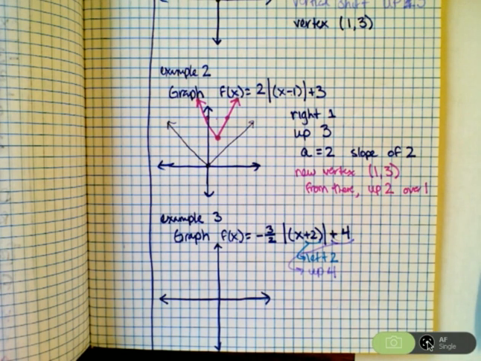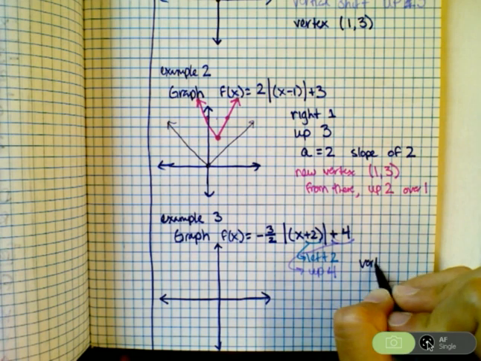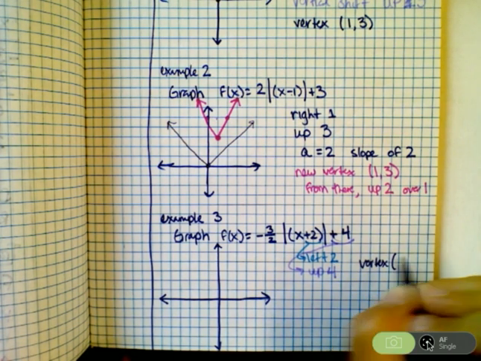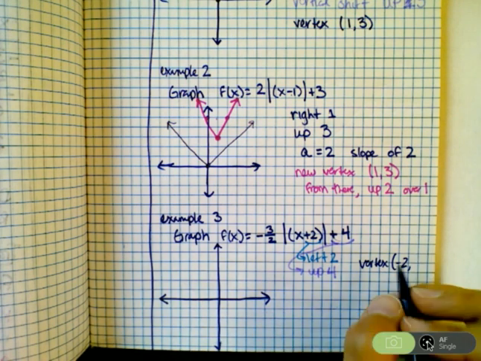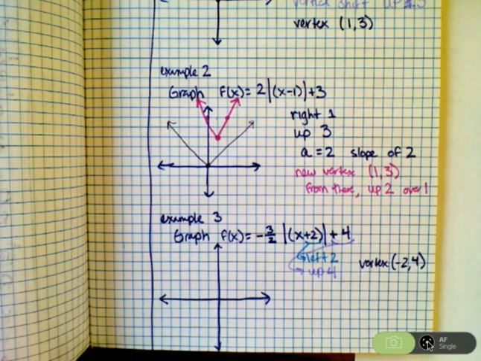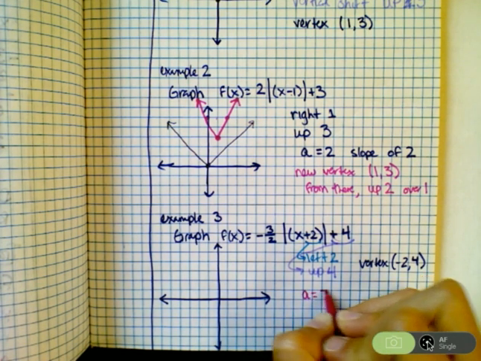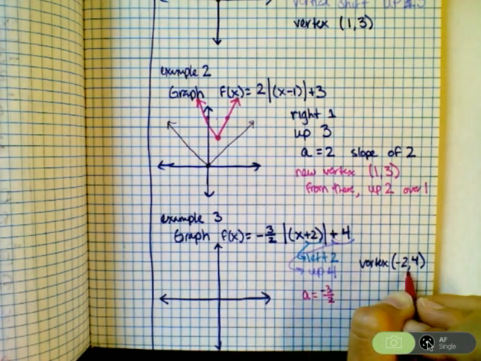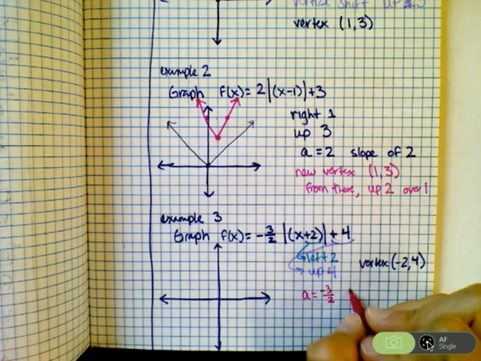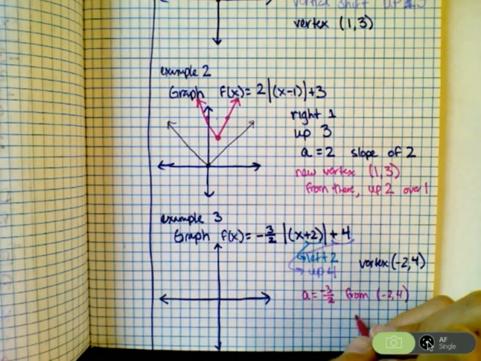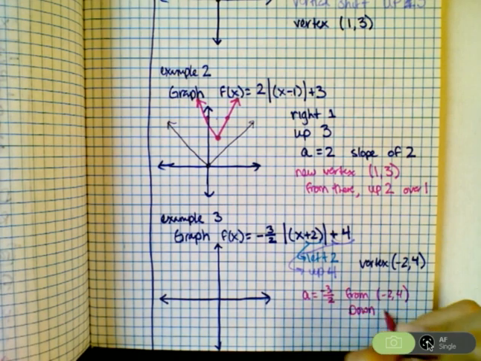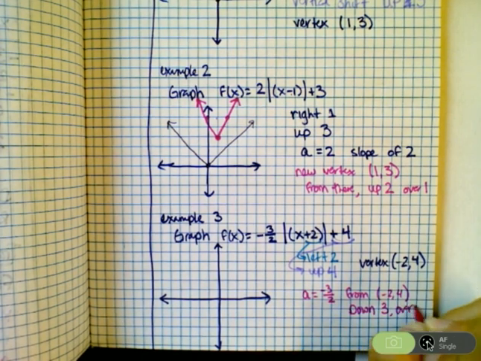So what that tells me is that my vertex in this one is going to be at negative 2. If I go left 2 from 0, 0, I'm at negative 2 and positive 4. And then my a is negative 3 over 2. So from that vertex, so from negative 2, 4, to get my other points, I'll go down 3 and over 2.